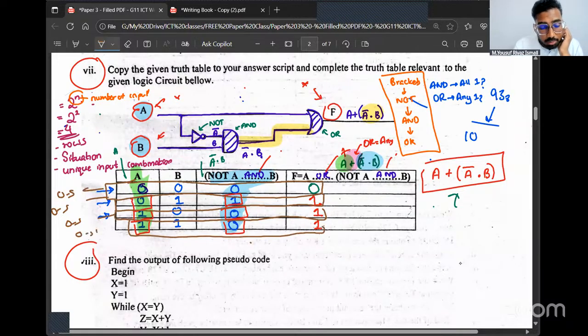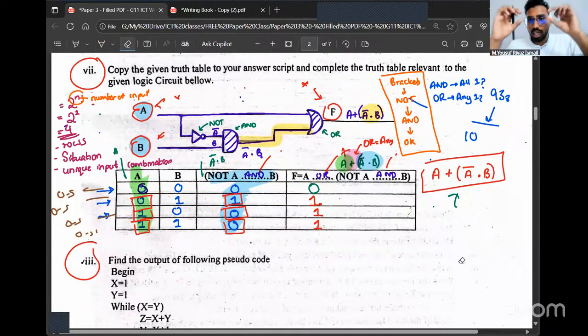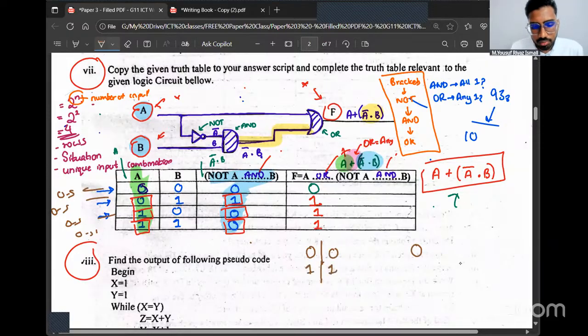Again, you can mess up the row order. That means what I wrote in the first row, you can write in the second row, and what I wrote in the second row, you can write in the first row. But how you check your answer is: when A is zero and B is zero, the final answer has to be zero. When A was one and B was one, F has to be one. So that's how you check your answer. Put half marks each and tell me out of 2 marks, how many marks you got here.